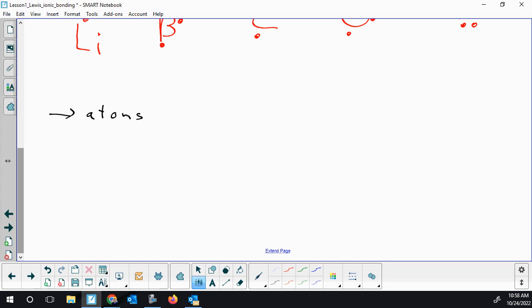Atoms want to have full energy levels. When there are unpaired electrons, that is quite unstable. It makes them reactive. So they either need to get rid of all the electrons so the outer energy level is totally empty and the next inner one is filled, or they need to fill up those empty boxes.